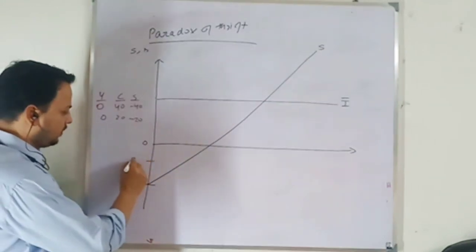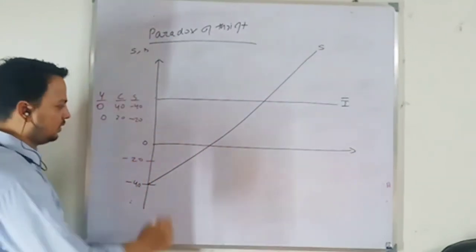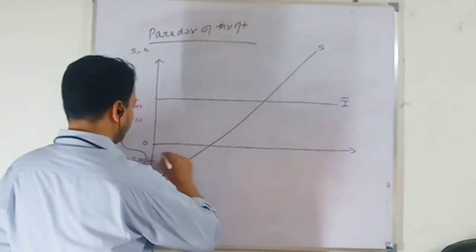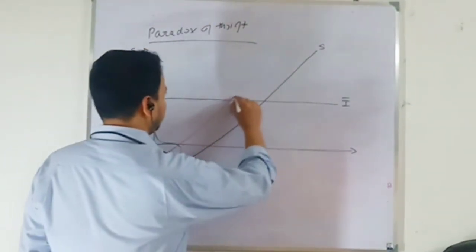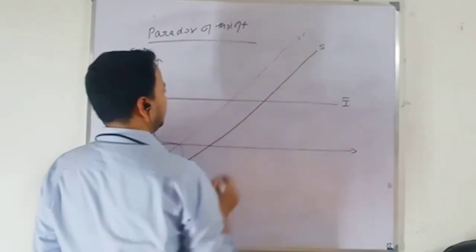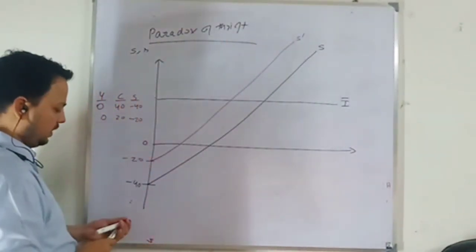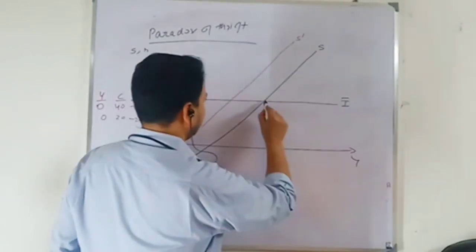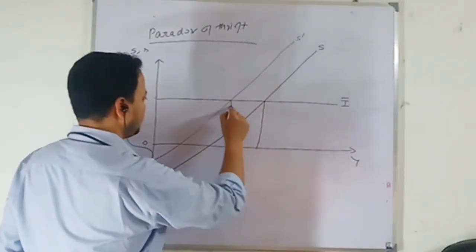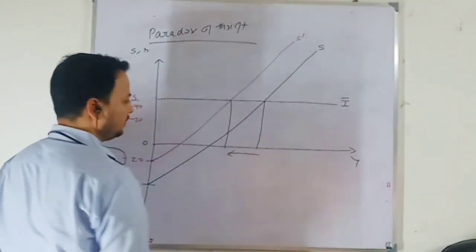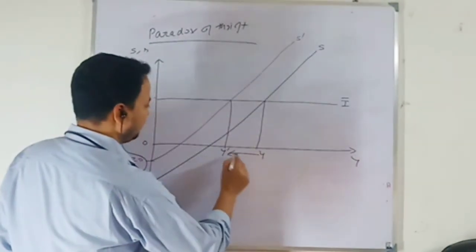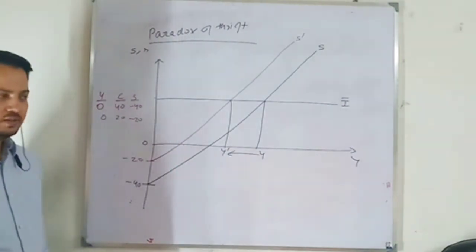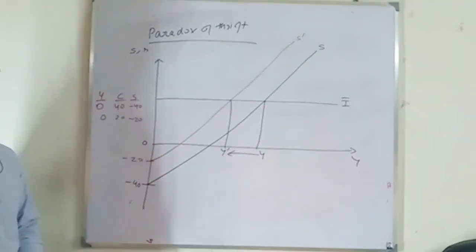So it will be minus 20 here. Here you have national income. So when all people in the economy start to save more, your income declines from say y to y prime. So this is what you have in the paradox of thrift.